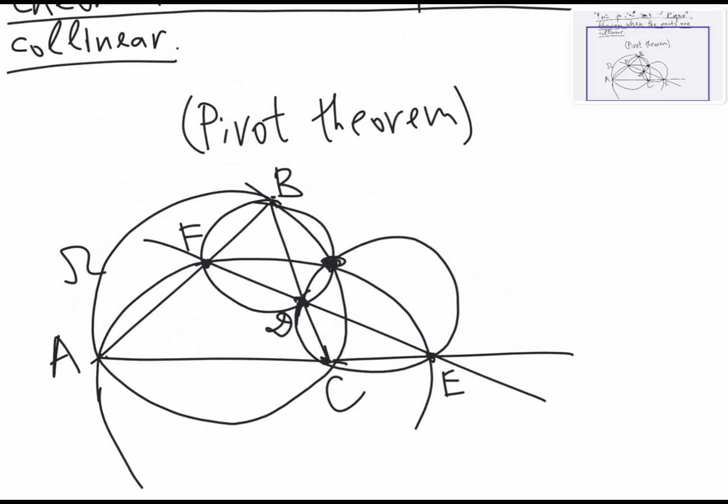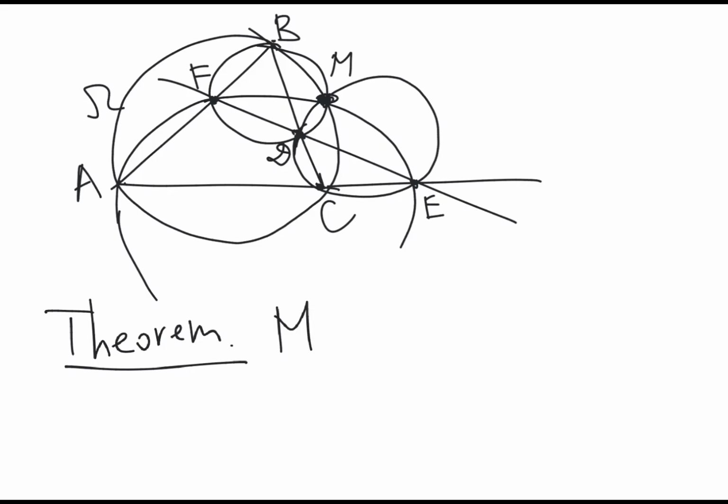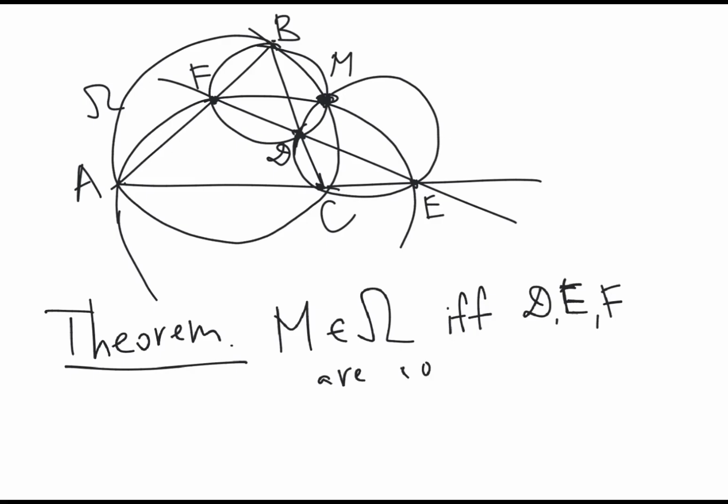And the Miquel's point is denoted by M. So now the theorem says that M belongs to the circumcircle of the original triangle omega if and only if D, E, F are collinear.